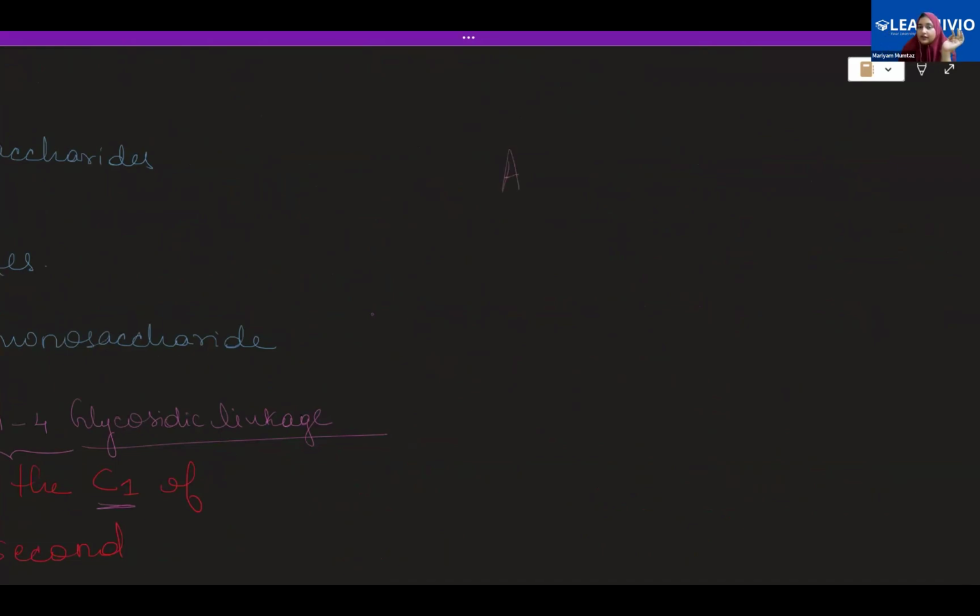If there's sugar A and sugar B, and sugars are made up of several carbons, from 3 carbon up to 7 carbon sugars, then the bond between two sugars will always be from carbon number 1 of one sugar and carbon number 4 of the second sugar. This bond is called a glycosidic linkage. Since it is formed between carbon 1 and carbon 4, we call it a C1-4 glycosidic linkage. Is it clear, Aisha? Yes, ma'am. Thank you.